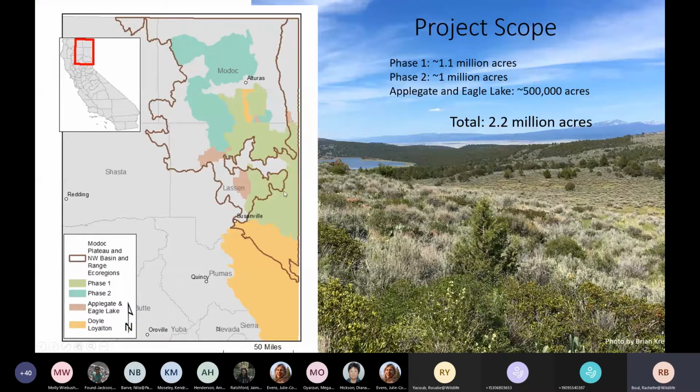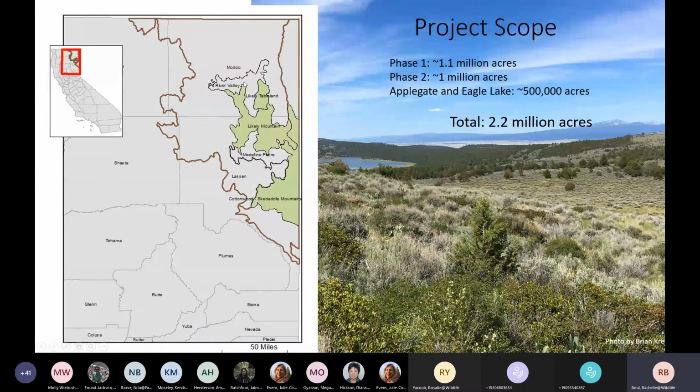Field work for phase 1, which is in green, started in 2016, and phase 2 in teal started in 2018. To define the phase 1 and 2 study areas, VegCamp relied upon the USDA ecological subsections. The boundary of the phase 1 study area is about 1.1 million acres, you can see right there, and it excludes these large areas of private land that fall within the Madeline Plains and the Pit River Valley subsections.